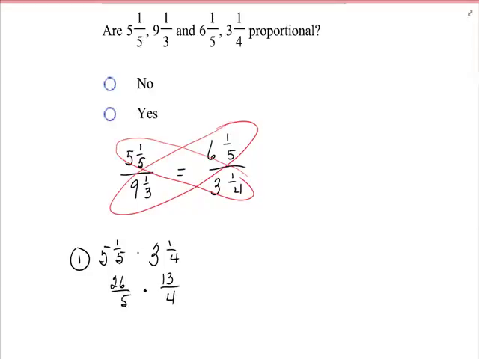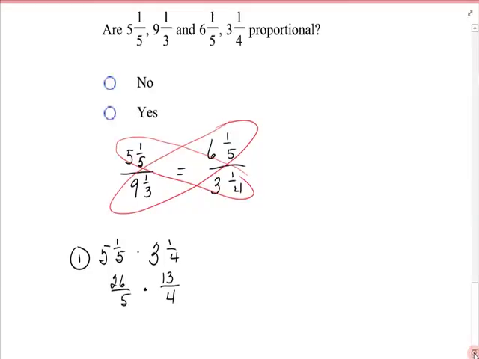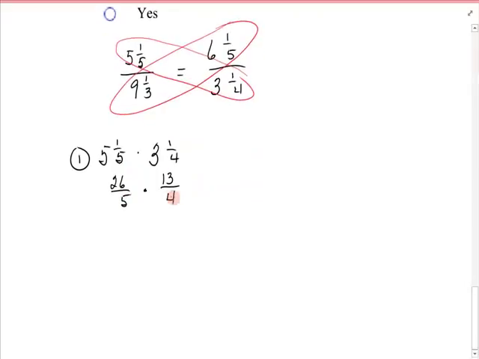Can I do a little bit of reducing? And the answer is yes. 4 is even, 2 goes in there 2 times, 26 is even, 2 goes in there 13 times. Multiply the tops, 13 times 13 is 169. Multiply the bottoms, 2 times 5 is 10. That's the first cross product.